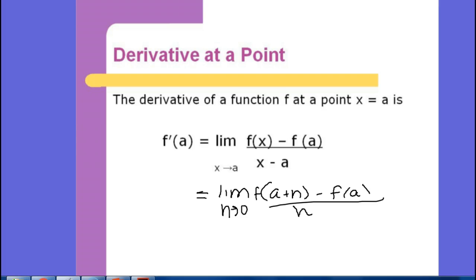So I apologize, that's why the homework problem I started to do was messing you up a little bit. So you can actually change your limit to be the limit as x approaches a. What is this right here called? What do we define this as? Rate of change. Or slope of the secant, yeah.